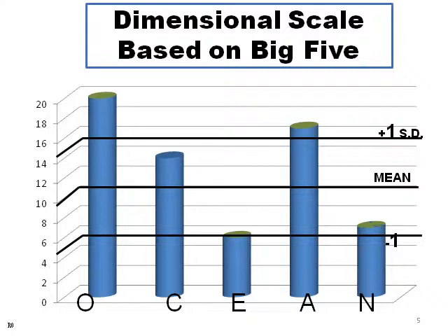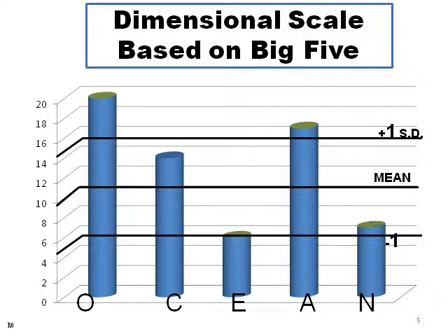Or if everything fell within one standard deviation above and one standard deviation below, then it might be considered within normal limits. But if there are some outliers, maybe those outliers would be given different types of names, so that we would look at the overall dimensionality across the 5 rather than any single trait at one time.